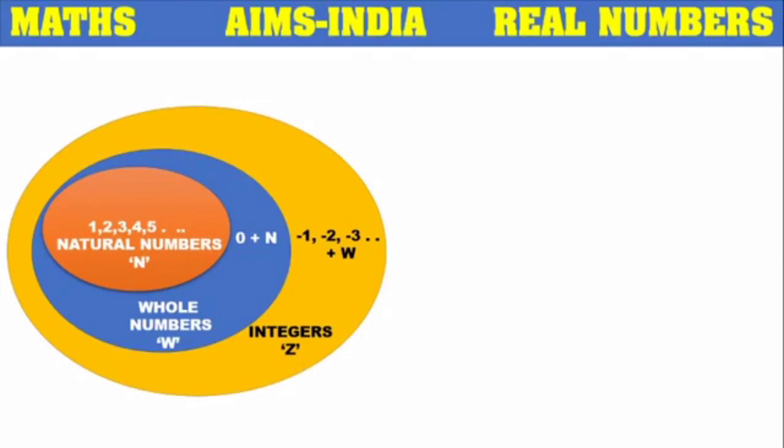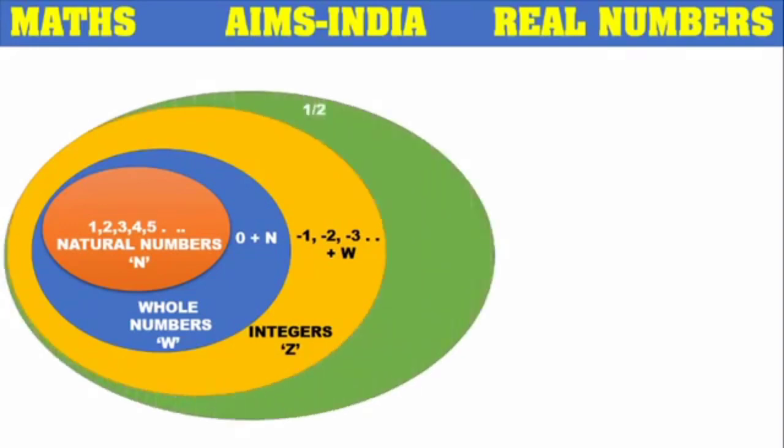So not only these positive numbers, negative numbers and 0, we also have numbers like 1/2, a positive fraction, -1/3, a negative fraction, 0.5, a decimal, or we can call it a terminating decimal, 0.3456..., a non-terminating, non-repeating decimal, or the numbers which are in the form of p/q.